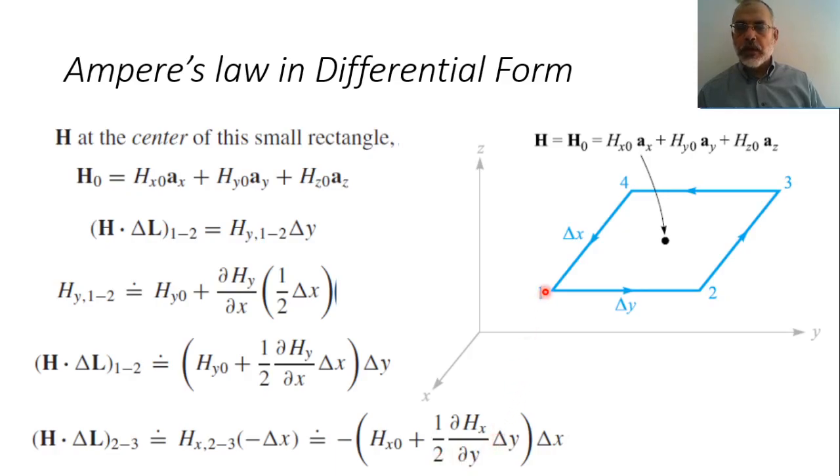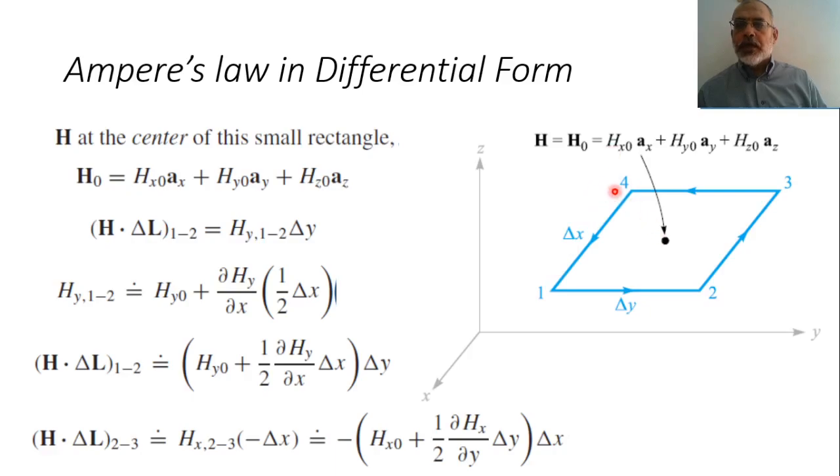In a similar way, we can obtain the integration along the path from 4 to 1. In this case, the direction of delta L is delta x, so it would be positive delta x, not negative delta x. And we are going to use Hx, because we are talking about delta L in the x direction.